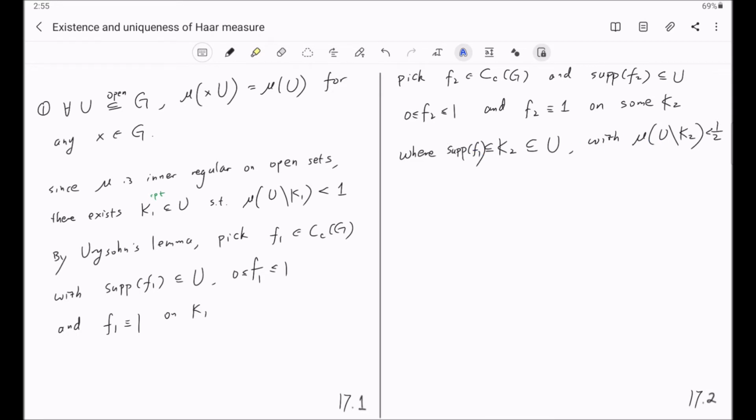That is how you construct this K2 containing the support of F1, but at the same time contained in U. And you apply Urysohn's lemma with respect to K2 and U to find this bump function F2, which is constantly equal to 1 on this K2. That is how you do the construction specifically.